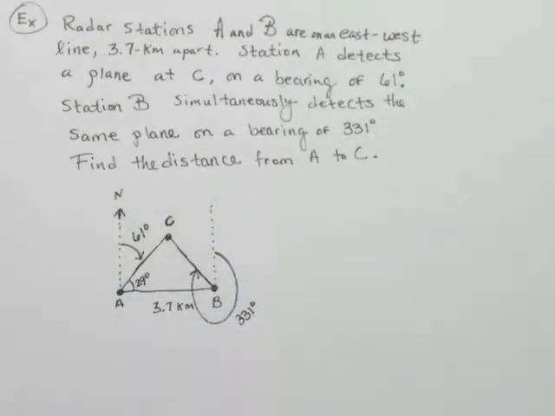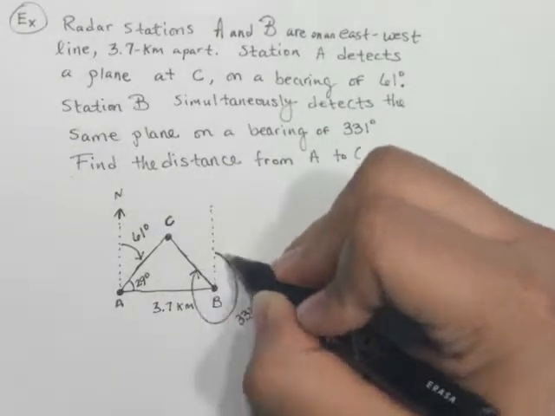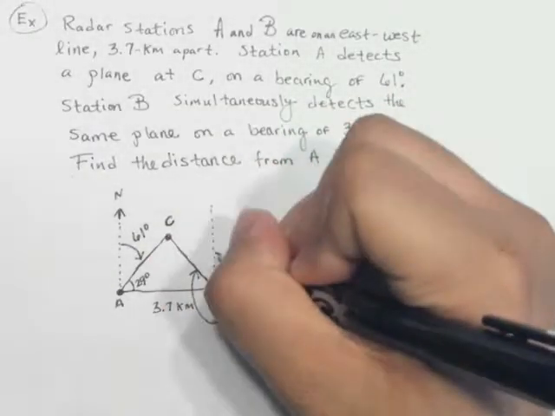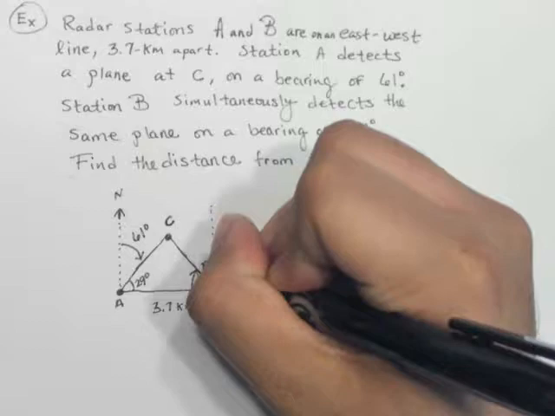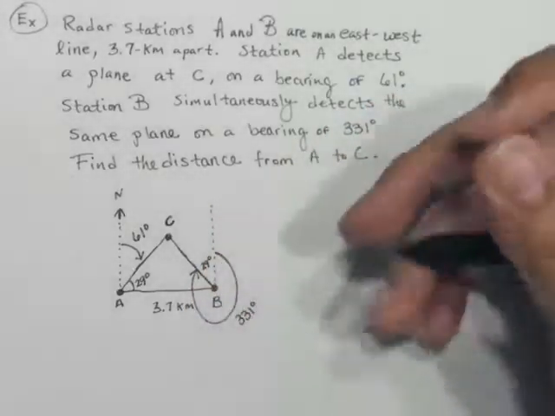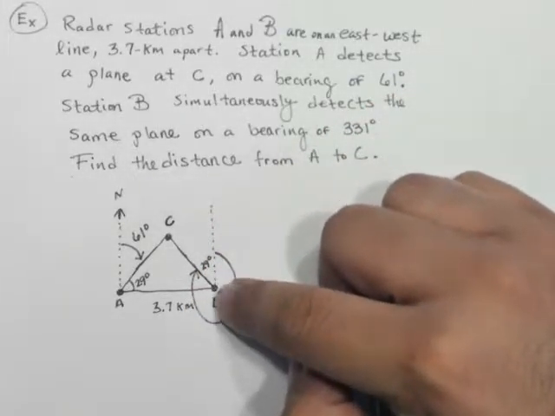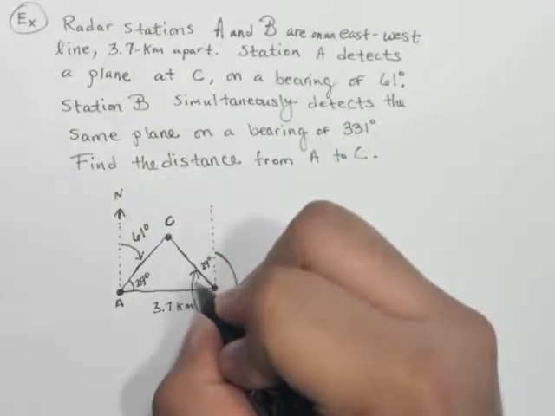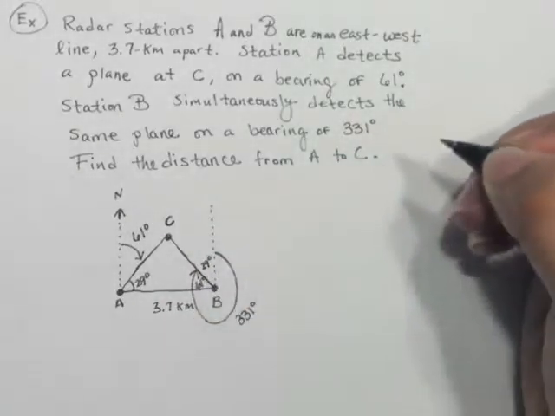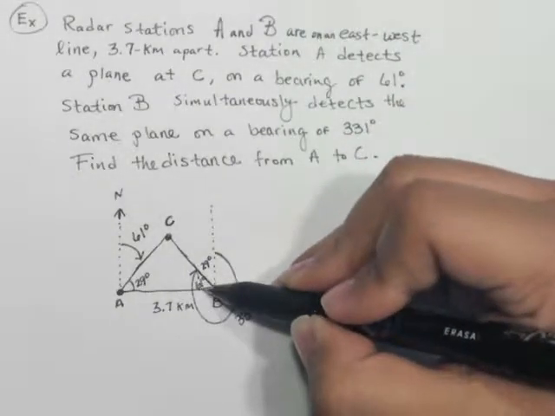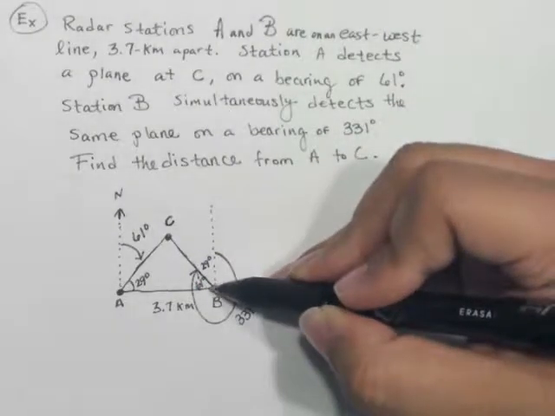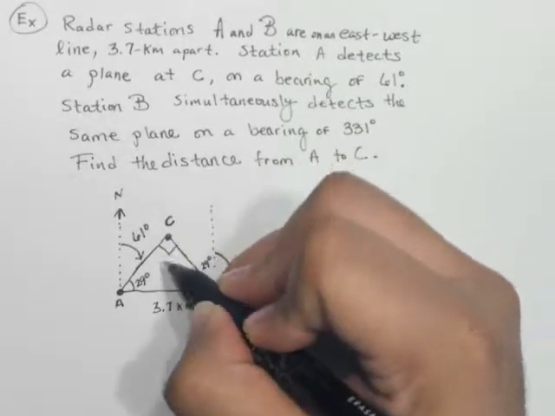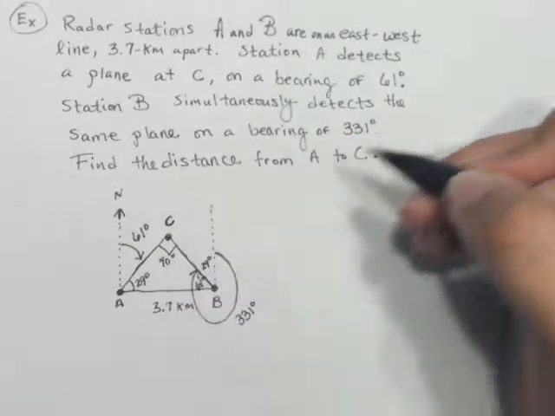And I know that this is 331, so that makes this sliver right here 29 degrees. And if this is 29, in order to complete the perpendicular there, this must be 61 degrees. So this is 29, this is 61. That coincidentally adds up to 90, which means that this angle here must be 90 degrees.